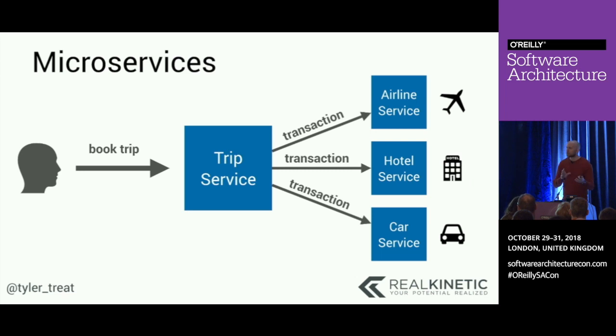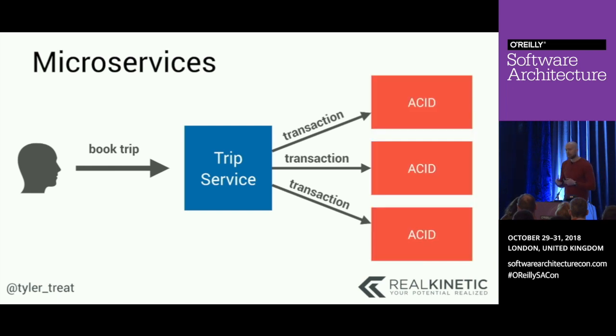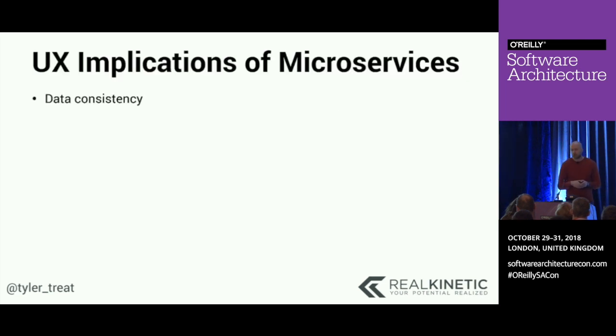When we move to microservices, now we have the car service, the hotel service, and the airline service. And we lose the same data semantics, the same consistency semantics that we had with the monolith, because we now have these silos of data. We don't have that consistency that spans the entire system.